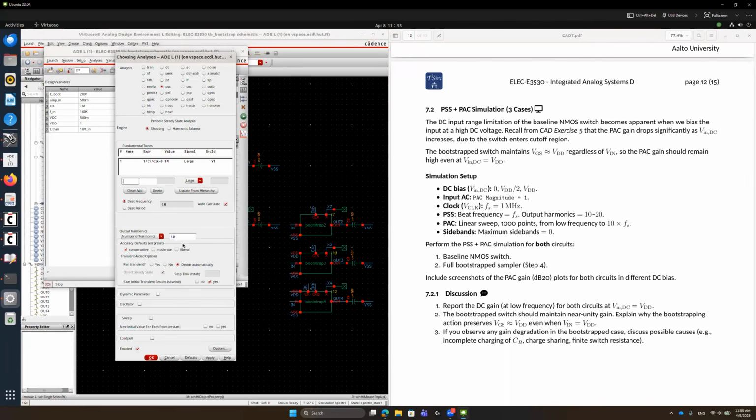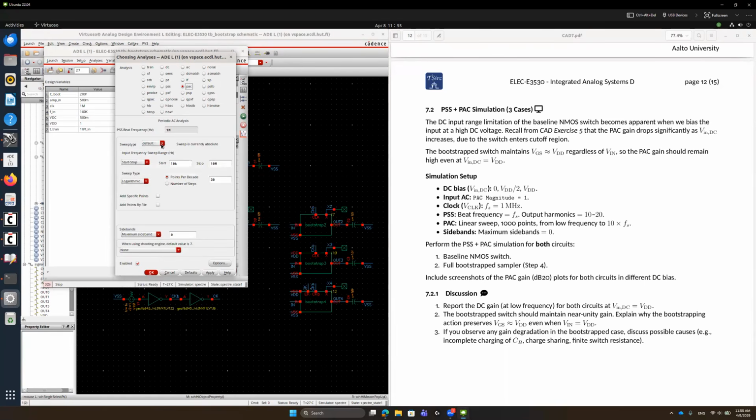And so harmonics 10, you can also increase to 20, that's fine, but for this case, I will just keep going with 10. And we are looking at 10 times clock frequency here.